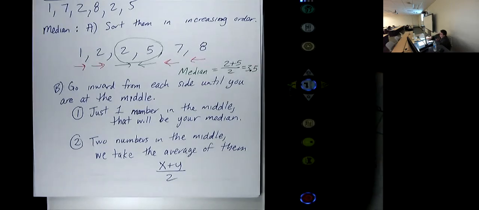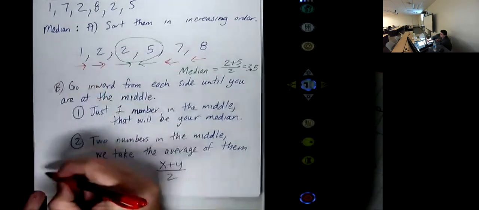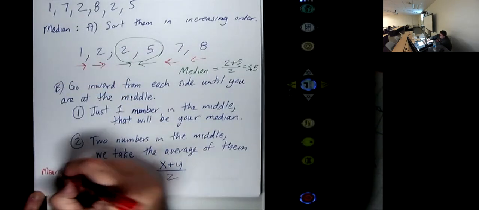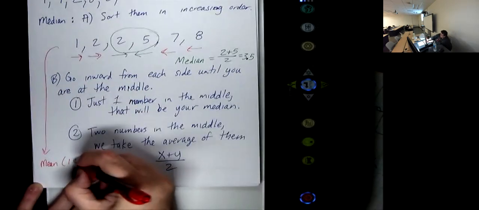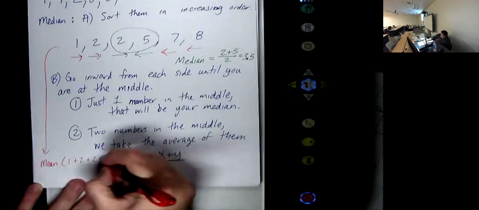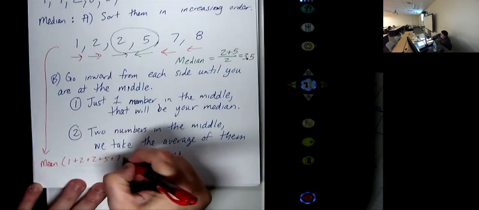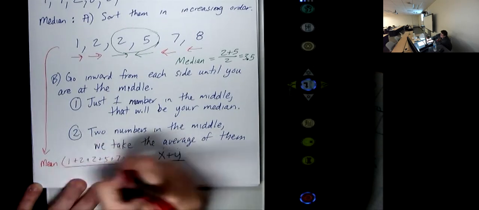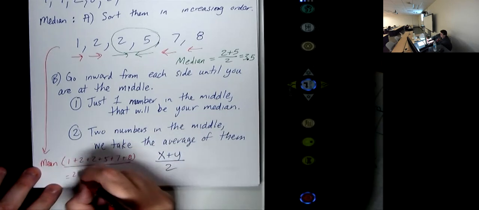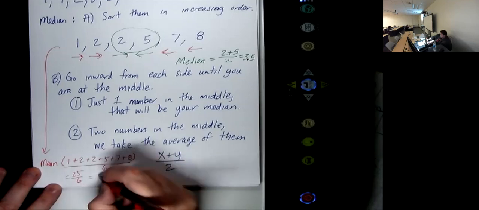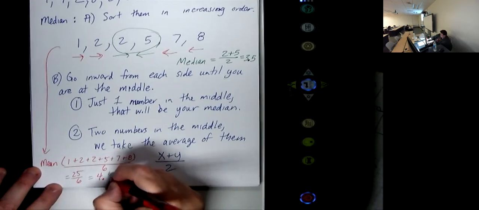If I do the mean on this same set of data, I've got 1 plus 2 plus 2 plus 5 plus 7 plus 8 over 6. That's going to give me 25 over 6, which is like 4.167.